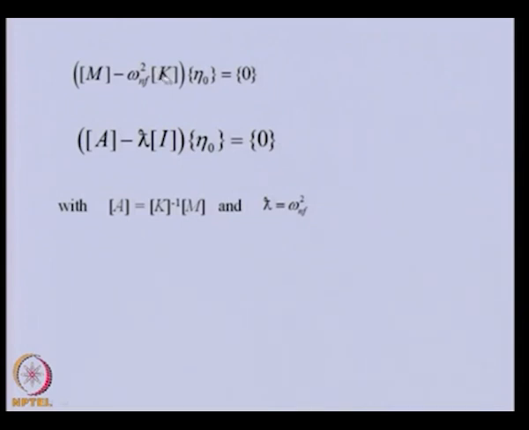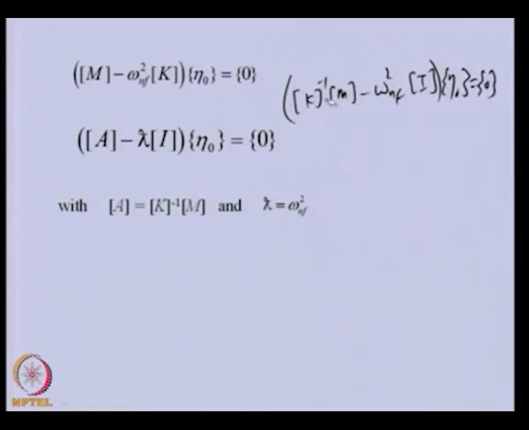Here we have multiplied by K inverse throughout. So we got K inverse into M minus this. K inverse into K will give the identity matrix, into nu naught equal to 0.